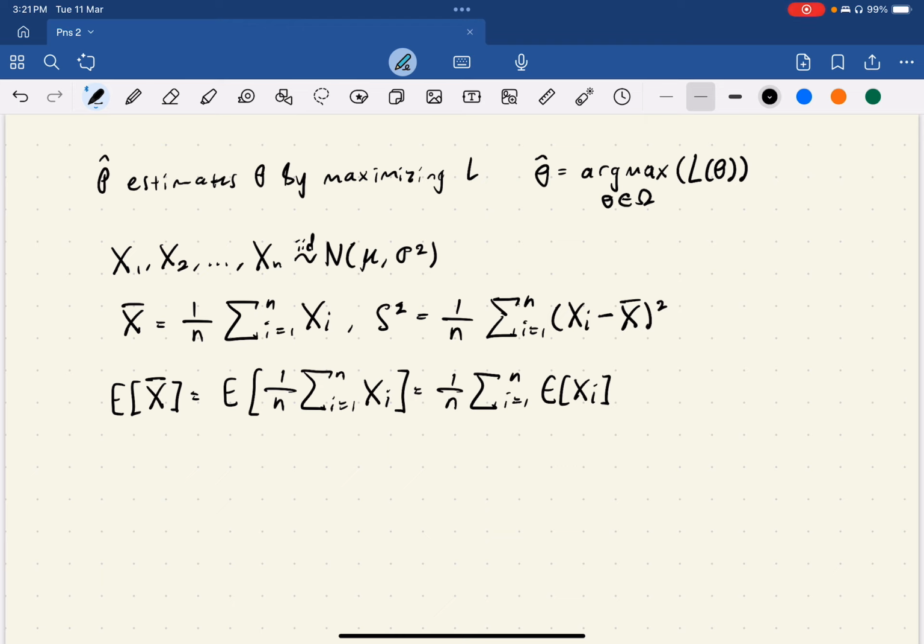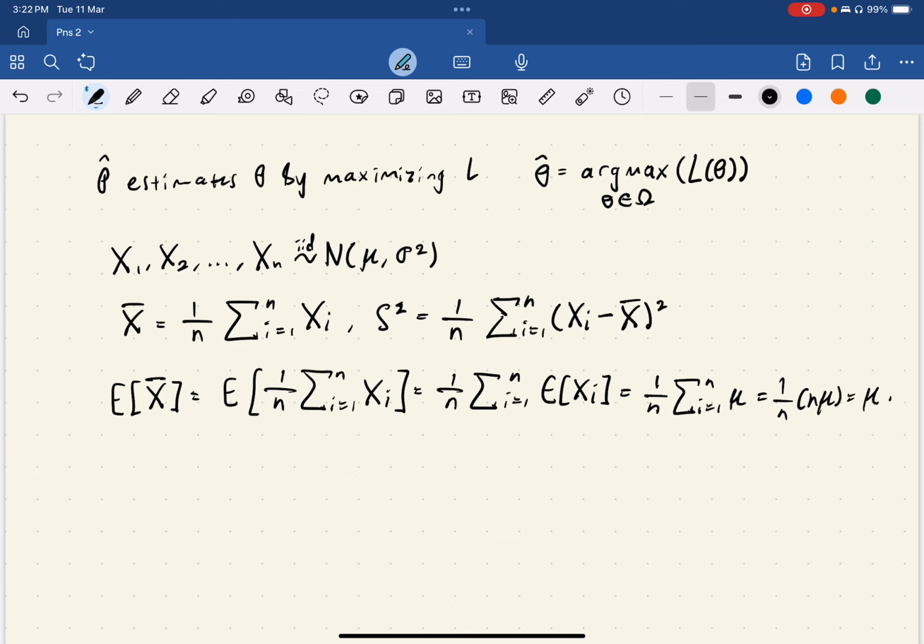Hence, the expectation of every random variable xi in the sample will equal mu, and this is simply 1 over n times n mu.